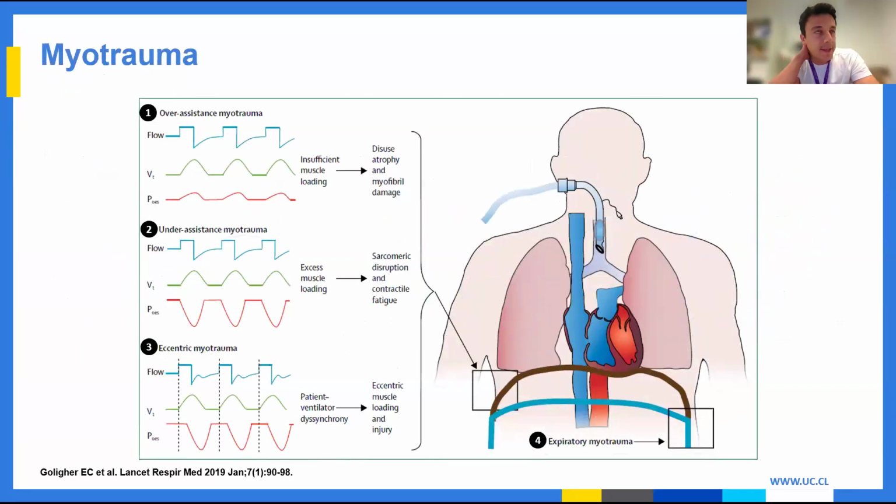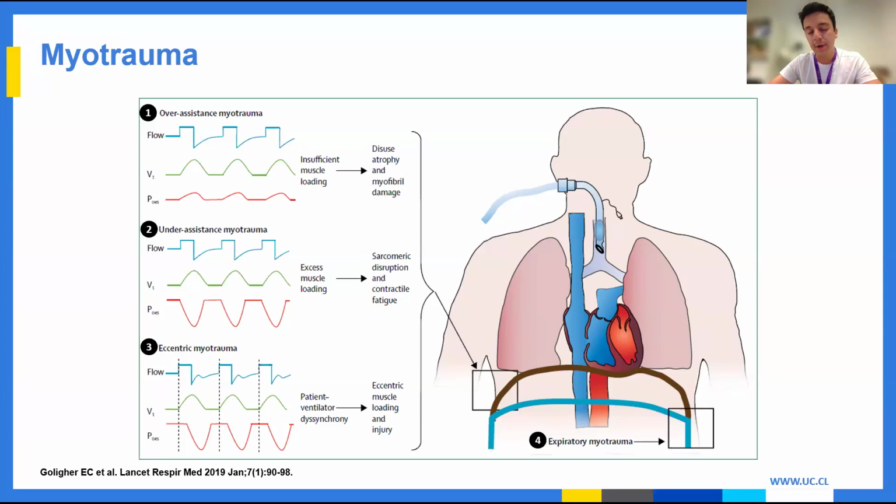So what happens in terms of the diaphragm? We said that excessive or inadequate effort can cause some injuries. So we have specifically three mechanisms where the effort can cause diaphragm injury.